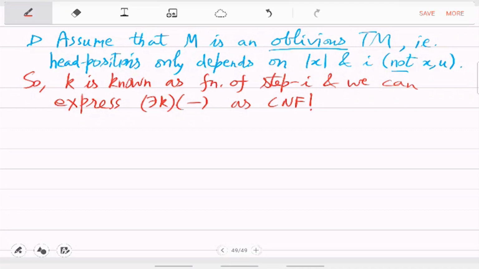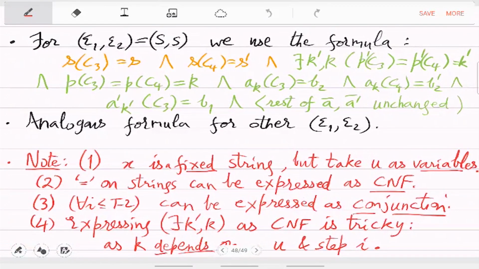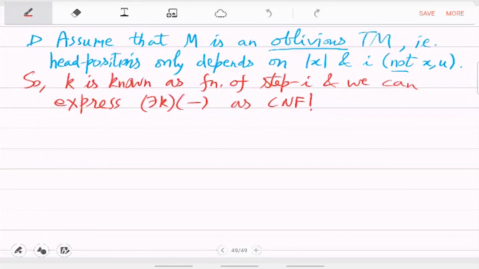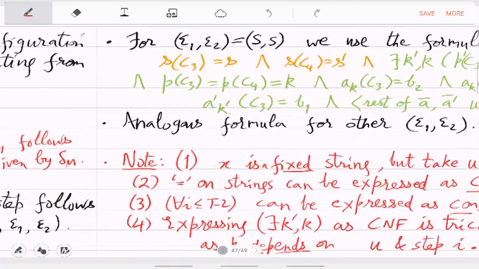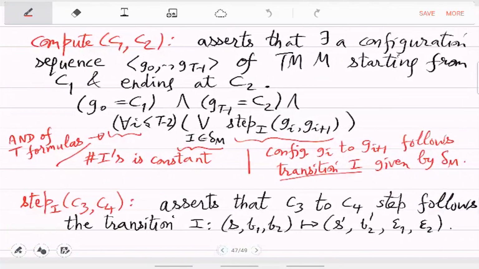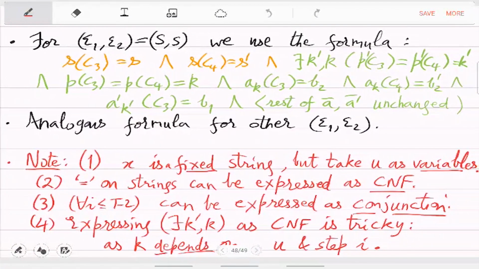Okay, so next is point 5, which is, the formula that we obtained, what did we call it? Did we call it anything?